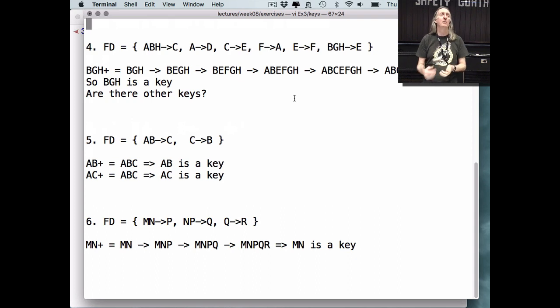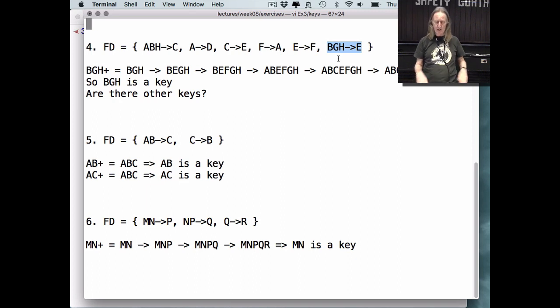And how do we compute the closure? Well, we keep repeatedly applying those functional dependencies, so that you're kind of treating them like rewrite rules. So I'll start out with BGH, and I can apply this rewrite rule because I have B, G and H. Could I apply any other rewrite rules?